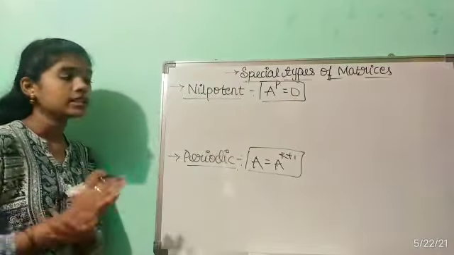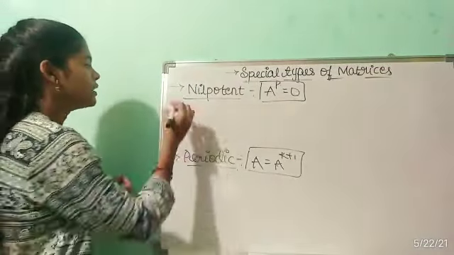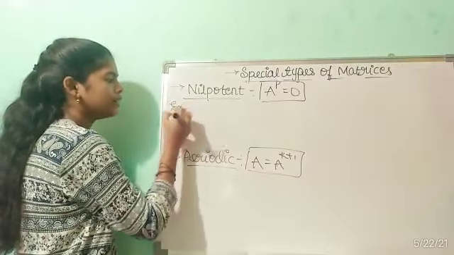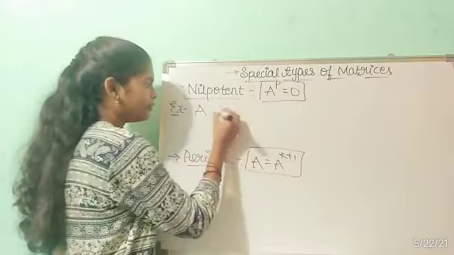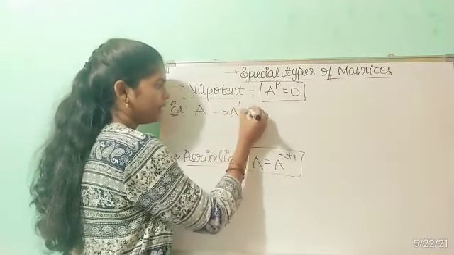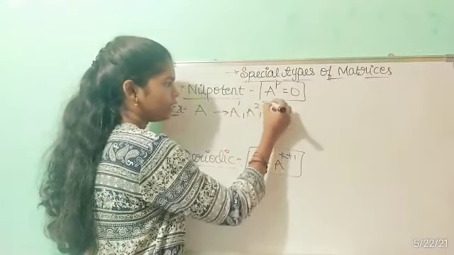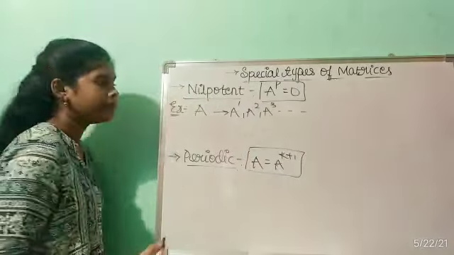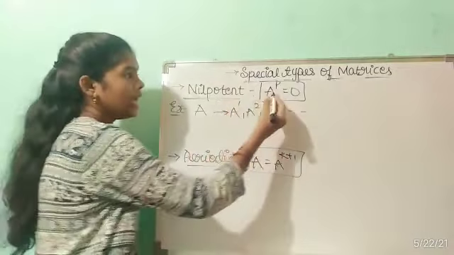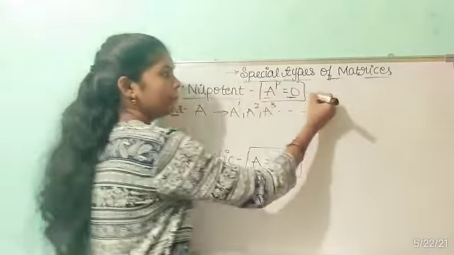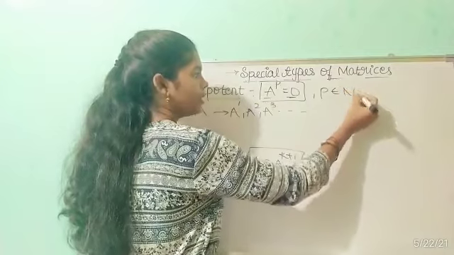So from these conditions what we understood is, suppose we are given a matrix called A, immediately what we have to find is A power 1, A power 2, A power 3 and so on. Okay, and the thing you have to apply over here is A power P is equal to 0, where P is a natural number.